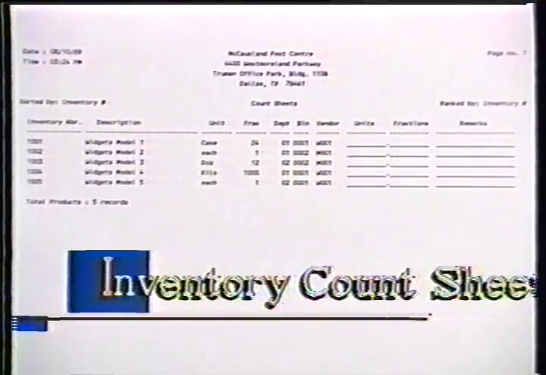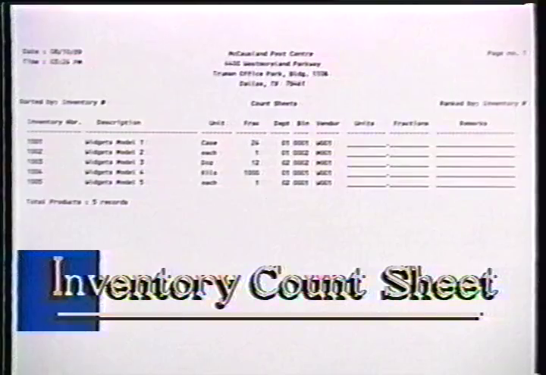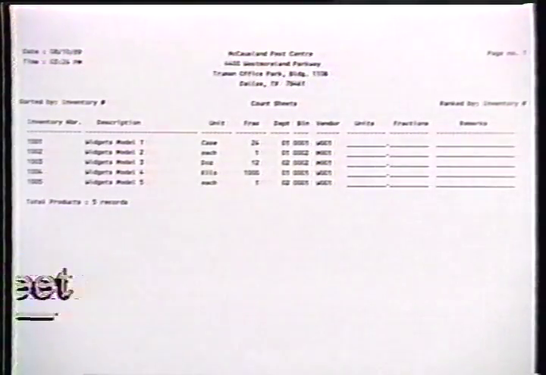The alert report identifies any product that has received the minimum or reorder limit set in the product file. Inventory count sheets are also available, providing a product code, description and space to add the physical inventory count.